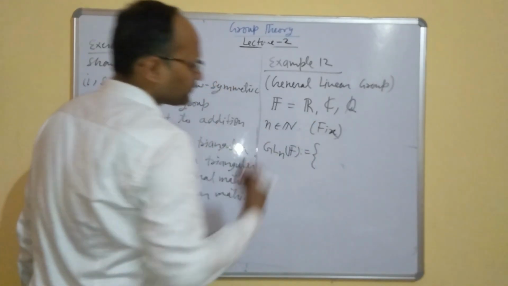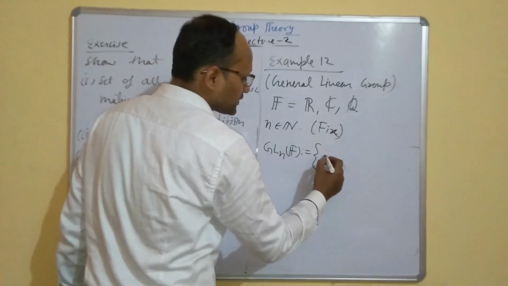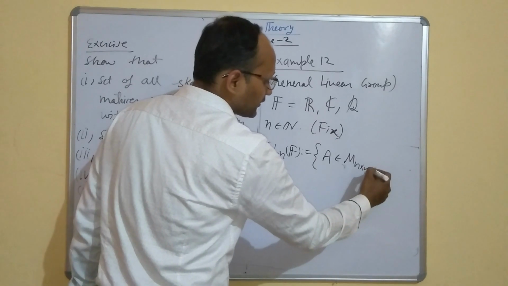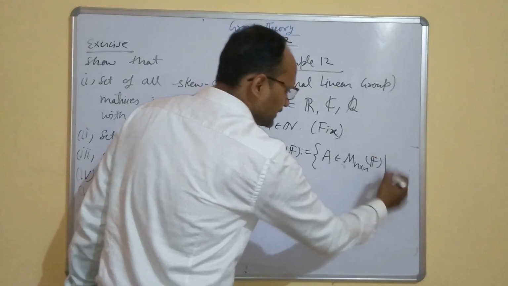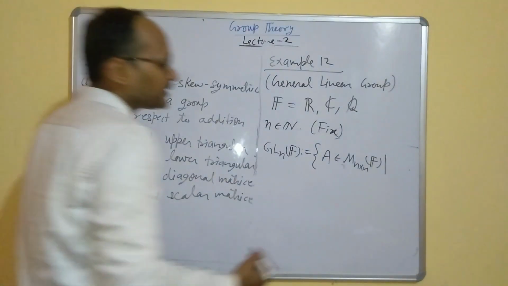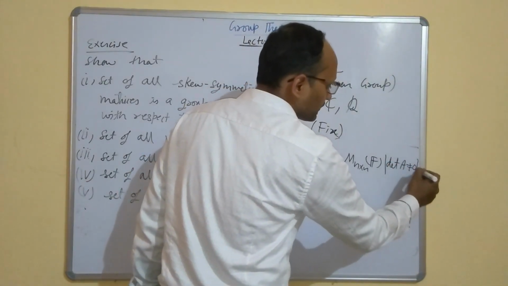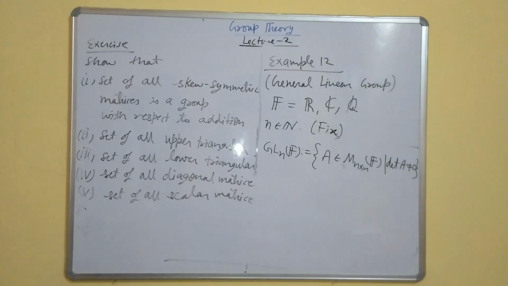This is the set of matrices A in the set of all n cross n matrices over F such that the determinant of A is not equal to 0. Those matrices whose determinant is not equal to 0.